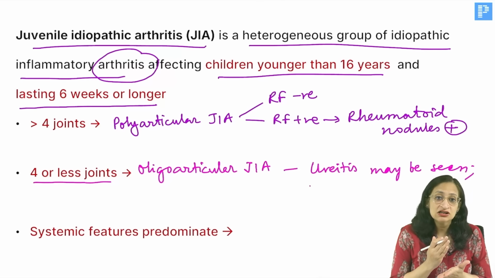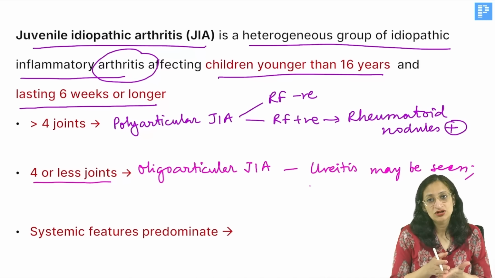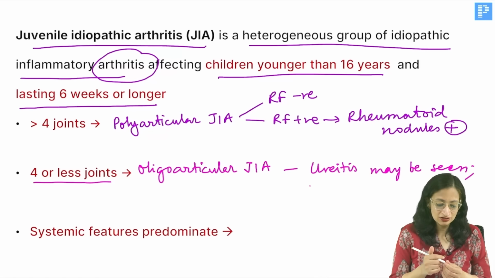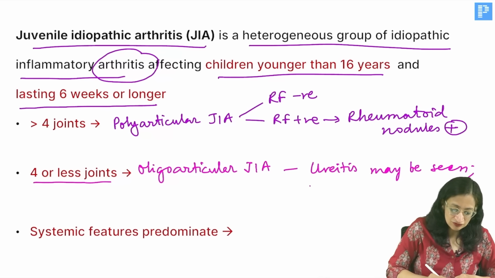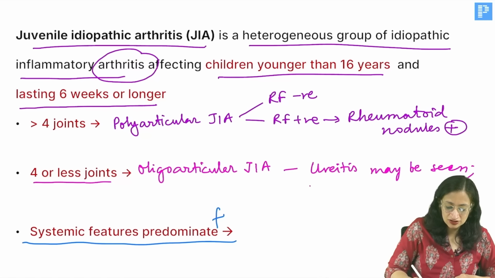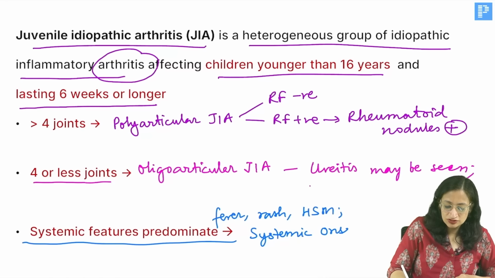But if it continues to be oligoarticular, then we call it persistent oligoarthritis. And if the systemic features predominate, like fever, rash, hepatosplenomegaly, and joint involvement comes later, then we call it systemic onset JIA. So they are the 3 main forms of JIA.